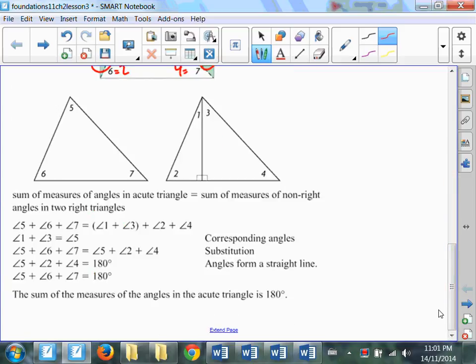But we already said that 2 was equal to 6, so now we're going to put a 6 here. 4 was equal to 7, now we're going to put a 7 here. And we see that 5 plus 6 plus 7 is 180. So now that shows for sure that the angles in the triangle add up to 180. So it's a nice little proof that the sum of the measures of the angles in the acute triangle is always 180 degrees. One of those things that we kind of take for granted. Okay? Alright.